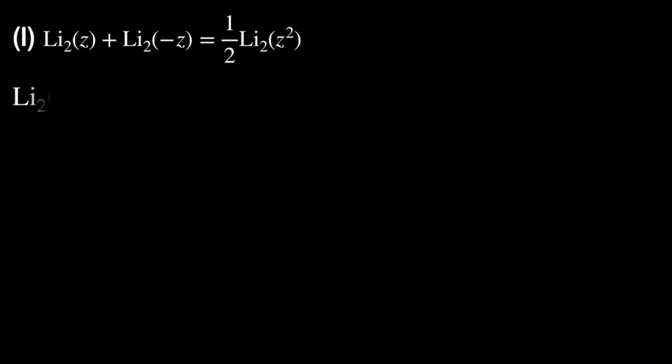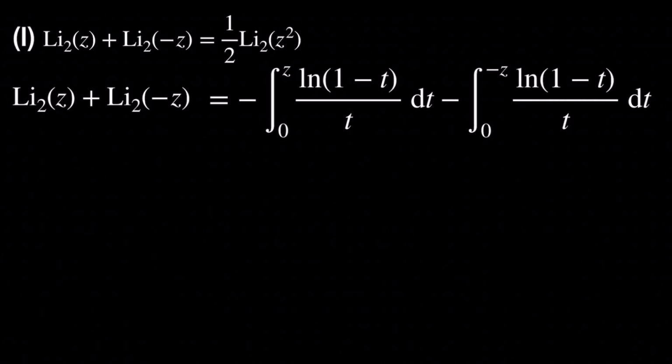Now, by definition, we just saw that Li2 of z is negative integral from 0 to z of log of 1 minus t divided by t dt. Now, we just use the definition here. In the second integral, what we want to do is change t into negative t.